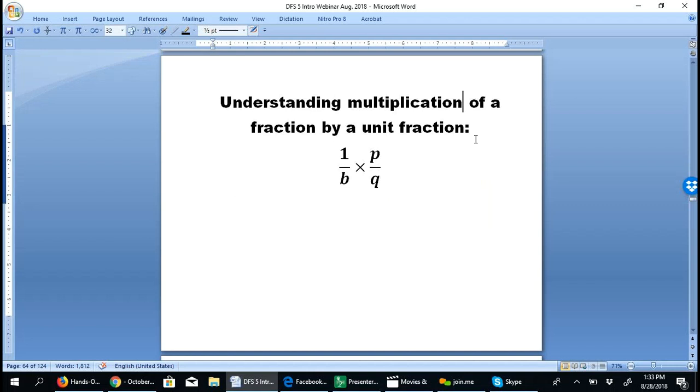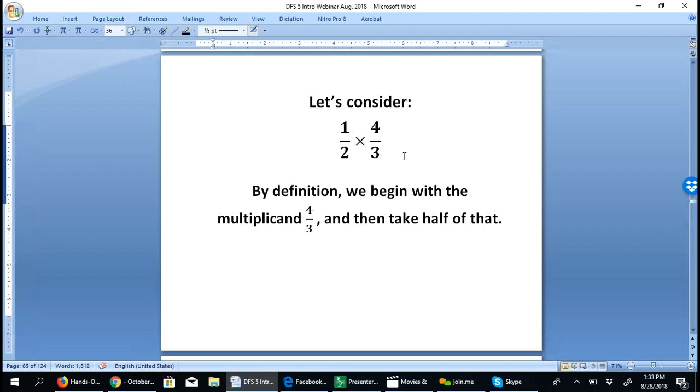Okay, now we want to know how to calculate a unit fraction of a fraction. So let's consider 1/2 times 4/3. Let me see if I can illustrate that here. Notice again, we don't give the students any rules to begin with.